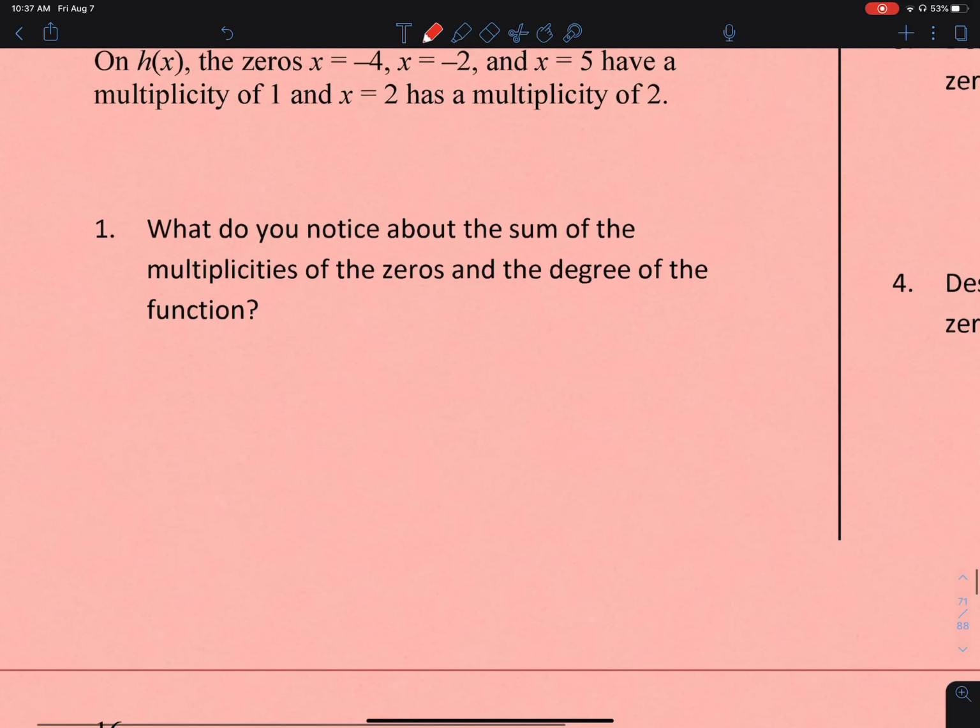Now, this isn't always true, what we're going to write down, because there could be imaginary roots. So let's assume right now that we're talking about functions that only have real roots. If we're only talking about real roots, the degree will equal the sum of the multiplicities.